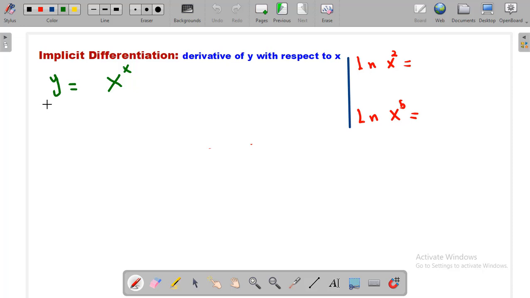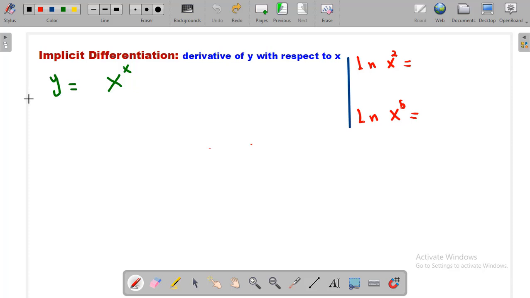In this explicit function, I explicitly defined y in terms of x, but it's very hard to differentiate explicitly, and here is the trick. Let's take the natural log on both sides of this equation.